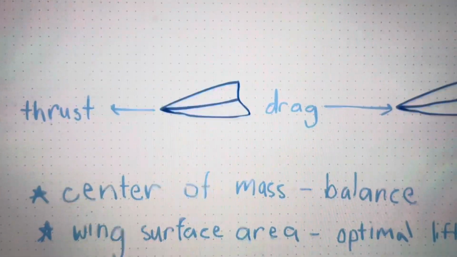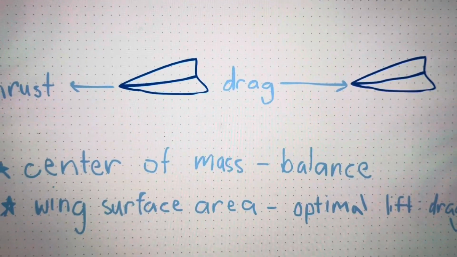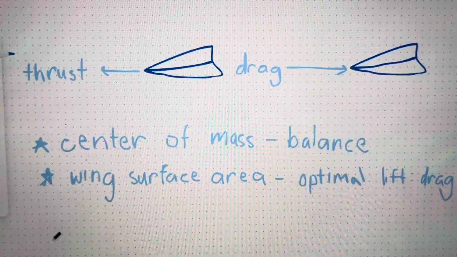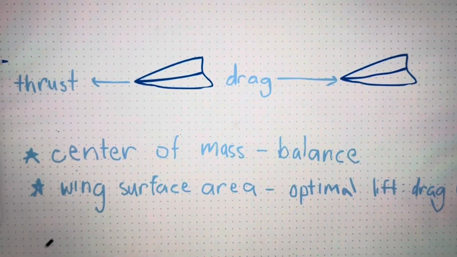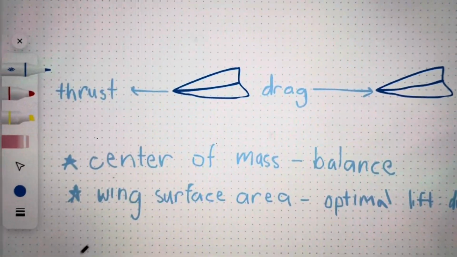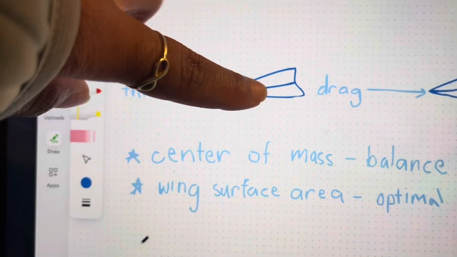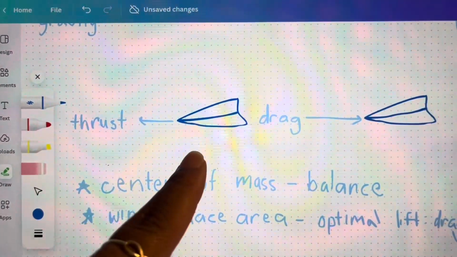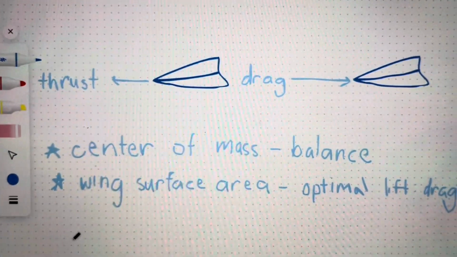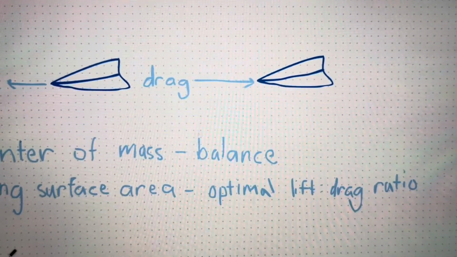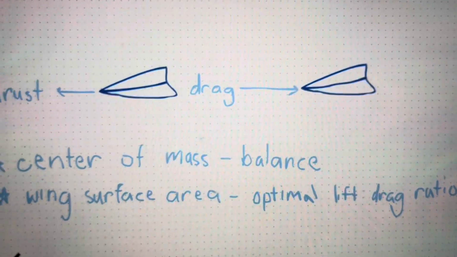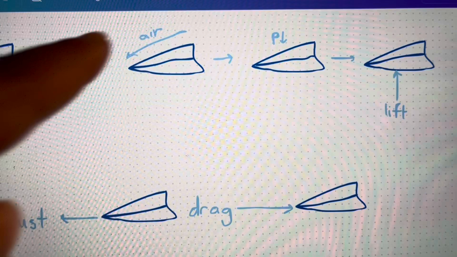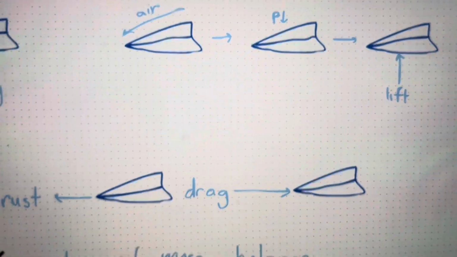And so with a paper airplane, you want to optimize two things, which are balance, and the way that you do this is by controlling the center of mass. You want the center of mass to be pretty much here so that the paper airplane does not nosedive or tail dive, and also wing surface area so that your lift to drag ratio is optimal, because the higher surface area allows for more lift as more air is able to go over the top of the wings.